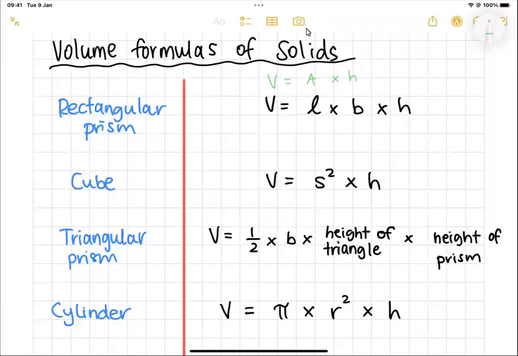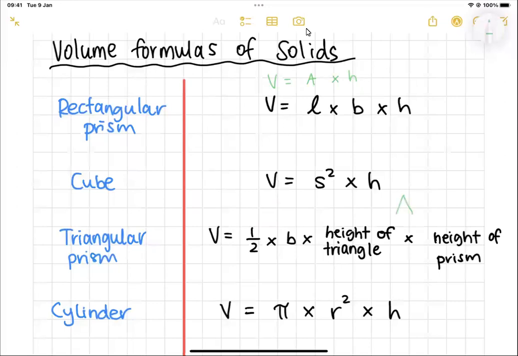The shape that you get every single cut would be a rectangle, which means that we need to replace the capital A with the area formula of a rectangle, which we've done there. We've got a cube, again replacing the capital A with the area formula, S cubed, which means side times side, or S squared. Triangular prism: half times base times height of triangle, times height of the prism.